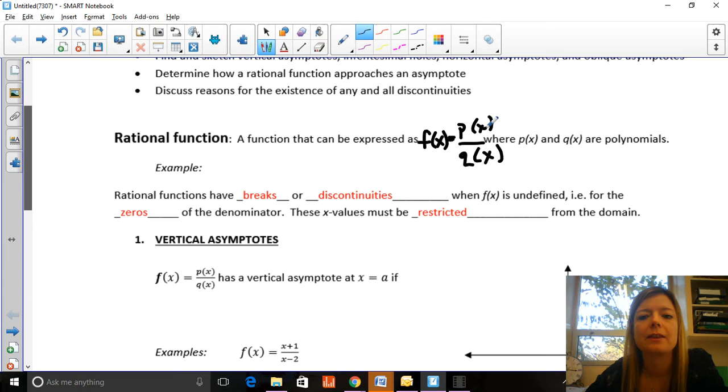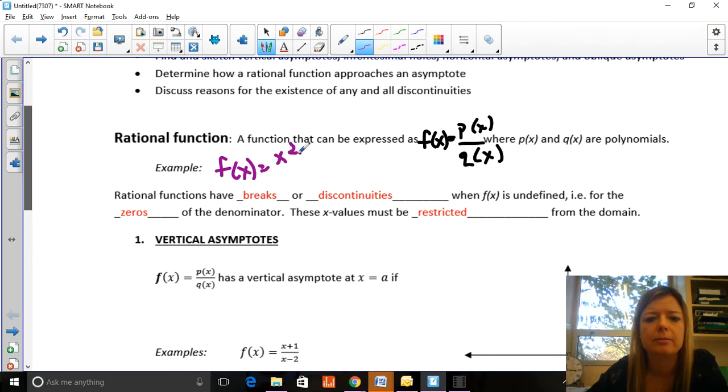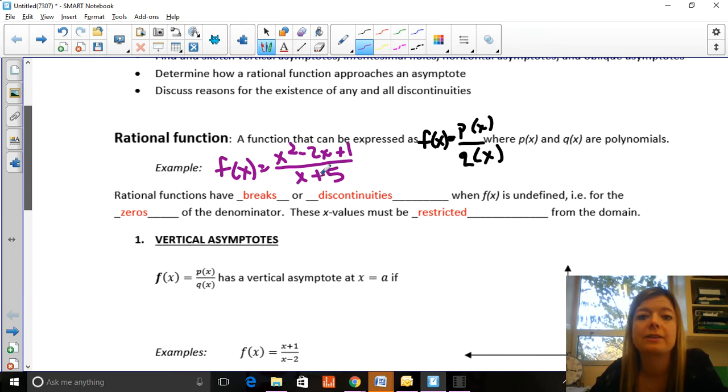Those are each polynomials, but there's the division, and that is what makes it a rational function. An example could be f(x) equals (x squared minus 2x plus 1) divided by (x plus 5). As long as your top is a polynomial and your bottom is a polynomial, that is a rational function.